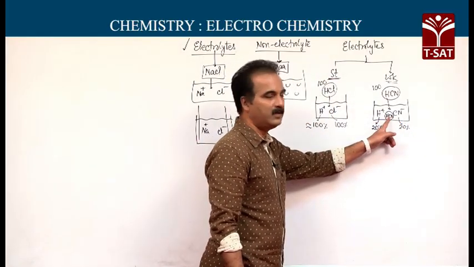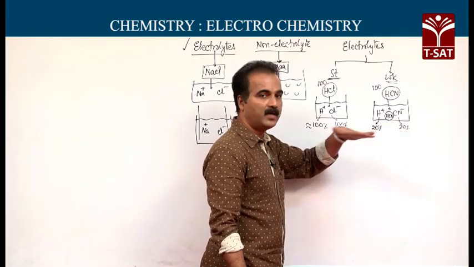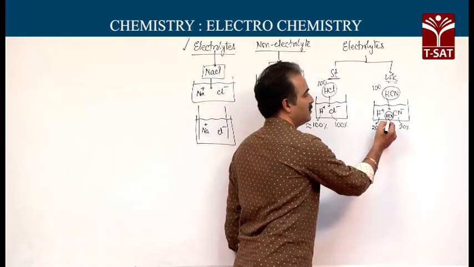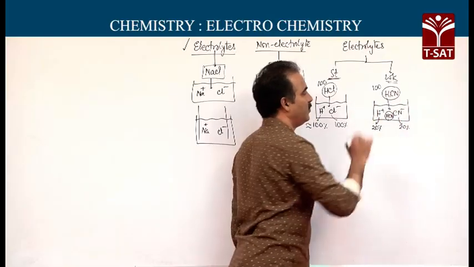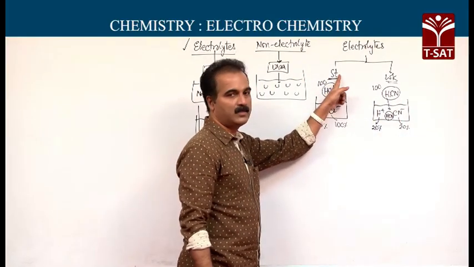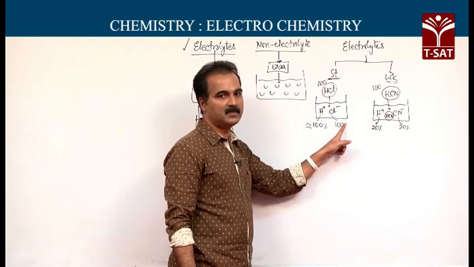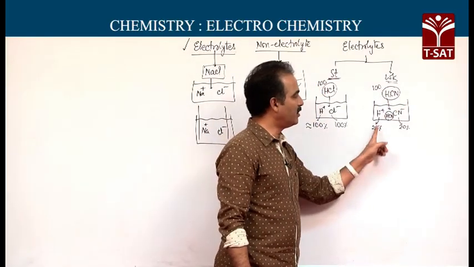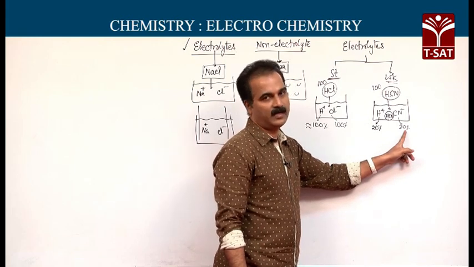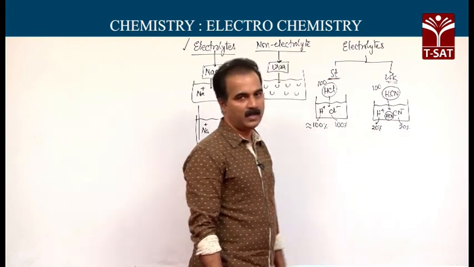So, that is undissociated acid, but it is a dissolved acid. This is called a weak electrolyte and that is a strong electrolyte. Finally, a strong electrolyte undergoes maximum ionization, a weak electrolyte undergoes a lesser degree of ionization, which is called the degree of ionization.